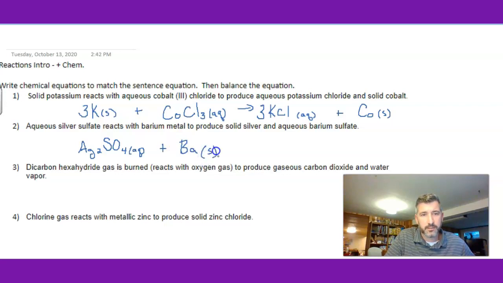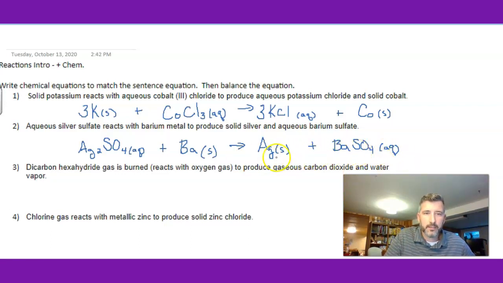Most metals are solids at room temperature, so I'm going to assume that barium is as well, and of course it is. And it's going to produce solid silver and aqueous barium sulfate. So barium is plus 2, sulfate is minus 2. So 1-to-1 is good. But it does say aqueous, so whenever it says that, we want to include it.